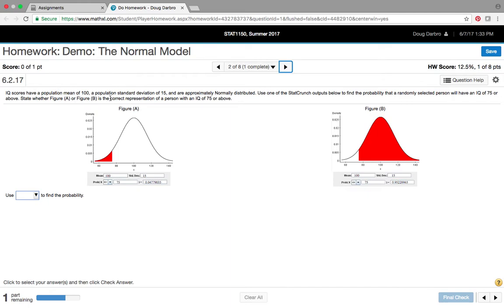State whether figure A or figure B is the correct representation. Well, guys, clearly it must be B, because shading to the left says it would be less than. Shading to the right is above, so use figure B to find the probability.